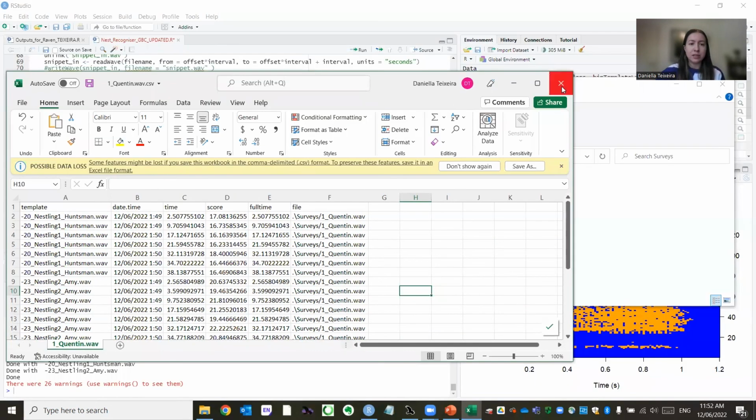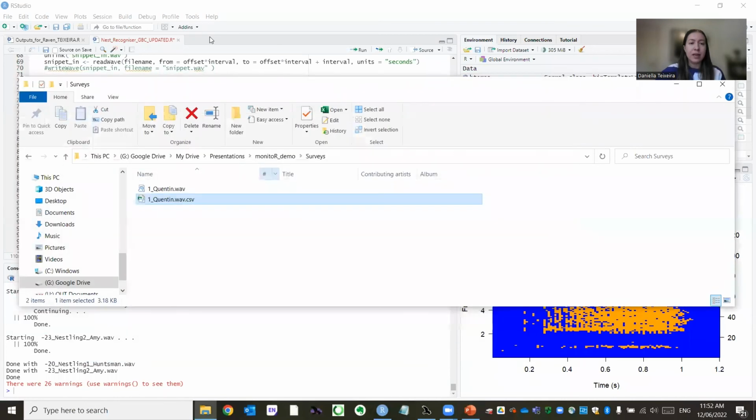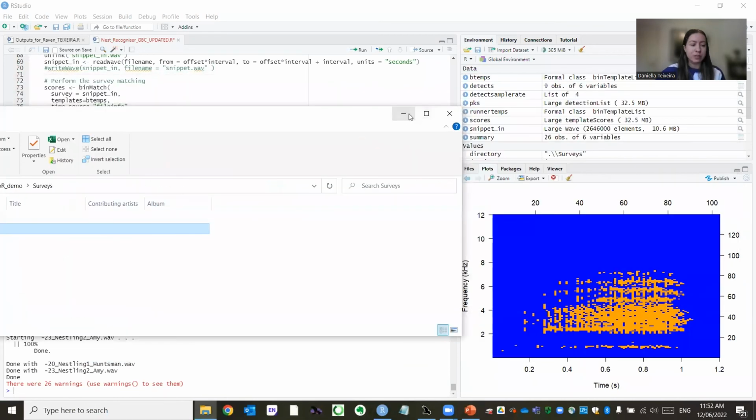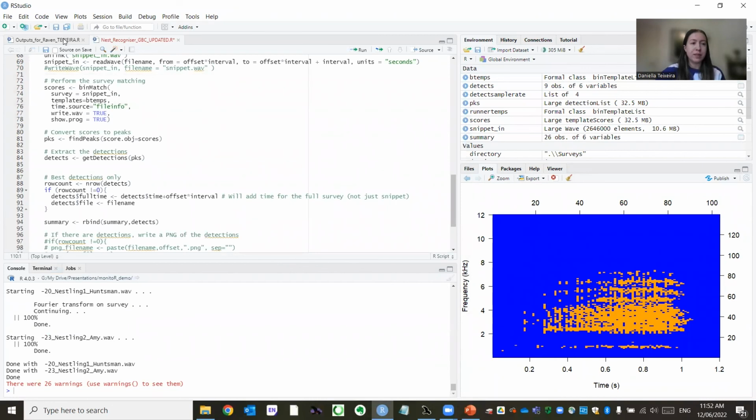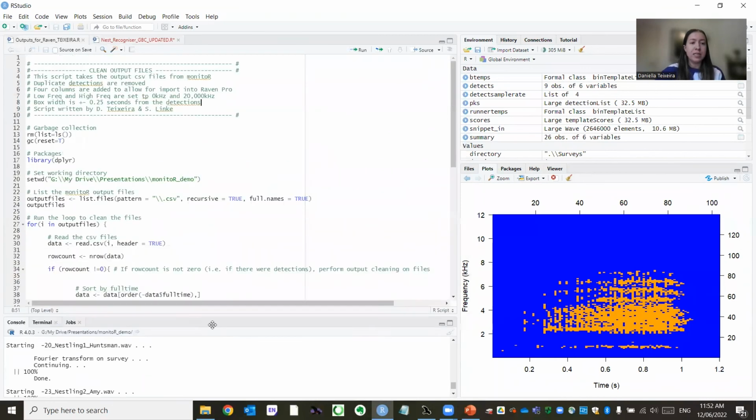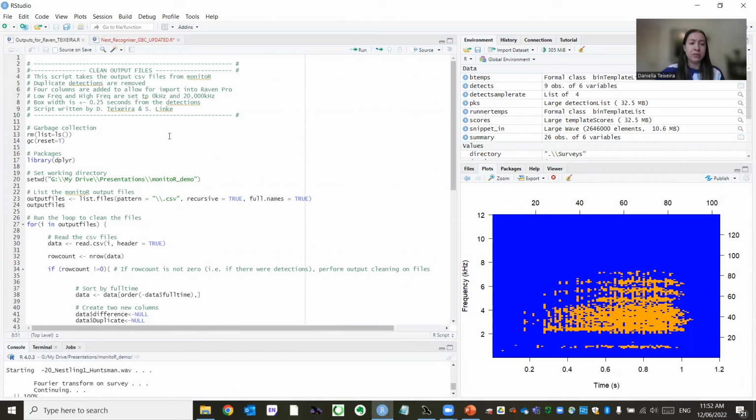So I'll just close that. And I'll just go back to R and I'll just show you this script that I've created here specifically to read those CSV files in and output them as text files that Raven Pro can read. So Raven Pro is sort of the software of choice for me.